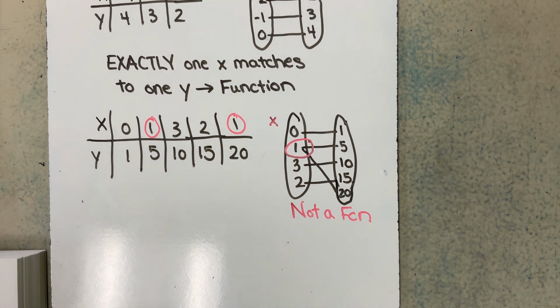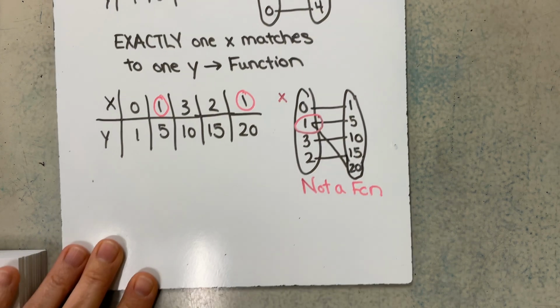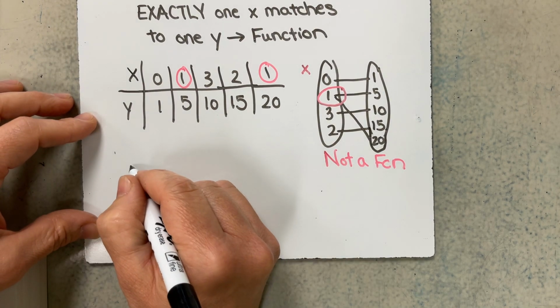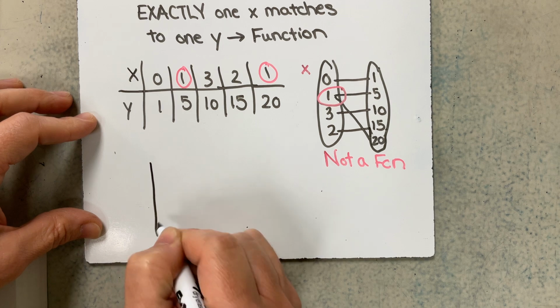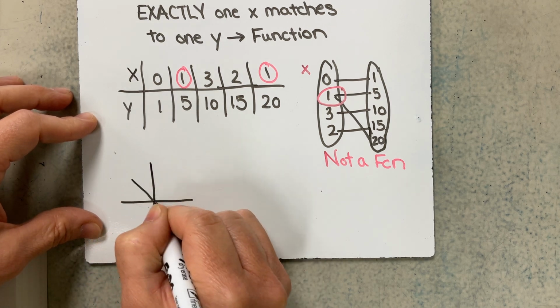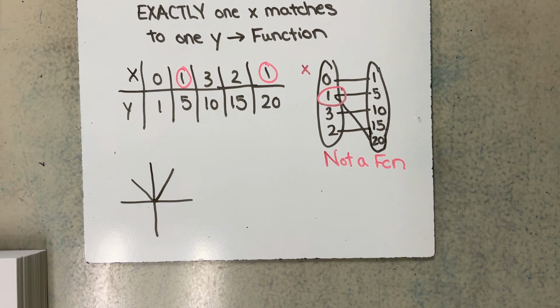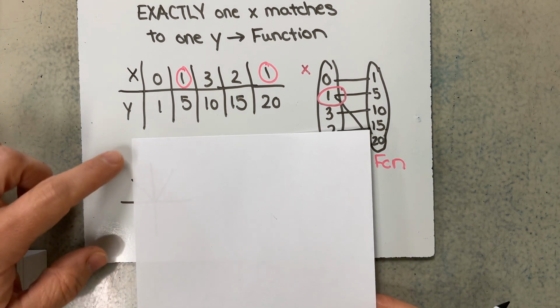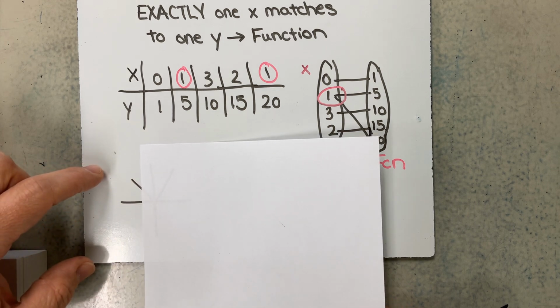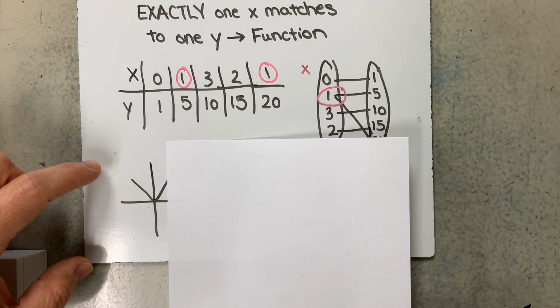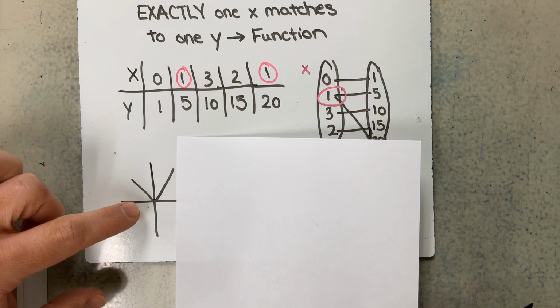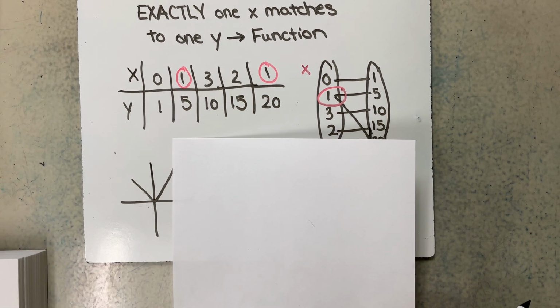Okay, now let's see here. There are other times when you are given a graph, and I'm just going to sketch one, okay? And you can find out if this is a function by using the vertical line test. So we take a vertical line and we run it through, and I see that it only touches once each time.